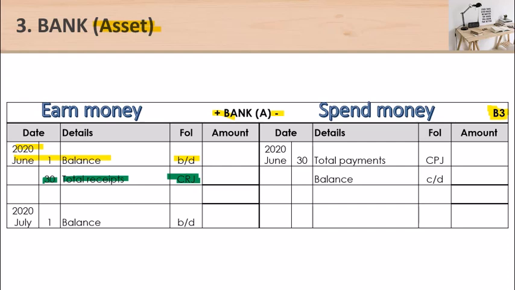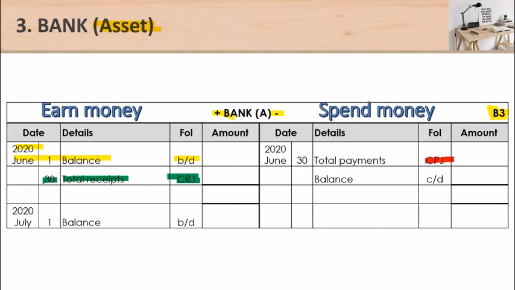Then the business also spends money, and if we spend money, it will decrease the total amount of money that we have in our bank account. Okay, another way of saying that we are spending money is saying that we are making payments. What type of payments? Cash payments. Okay, so that's why the cash payments journal is on the credit side of bank. You will notice there's a bank column in the CPJ. That's the column that must now be posted here.